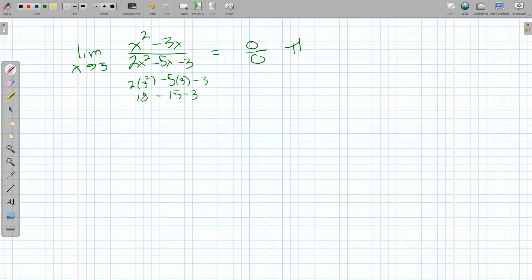So this is a problem because there's a 0 in the denominator, and it's even more complicated because I have a 0 on the top. If this was like 3 over 0, then I'm kind of done, but not really. We'd have to check both sides to see what's going on there.